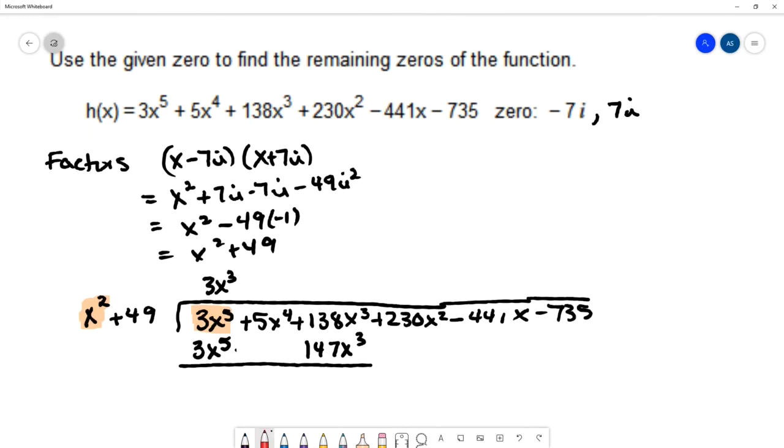So then I want to change the signs to subtract. The 3x to the fifth minus 3x to the fifth becomes 0. I will carry down this 5x to the fourth. And 147 minus 138 is 9, and I'll have a negative 9x squared here, and I'll carry down these terms.